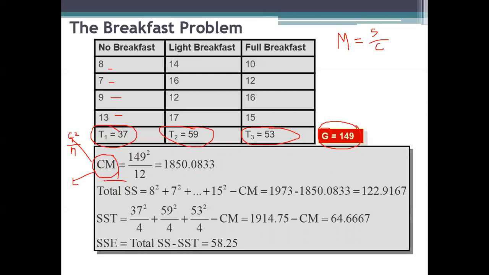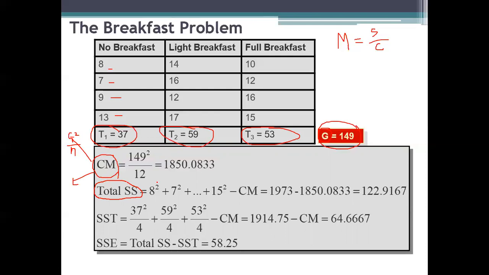Now, the second step, we are going to get the value of the total sum of squares. So how to get the total sum of squares? If you refer also to the formula in slide 15, we need the sum of squares of all x values minus CM.